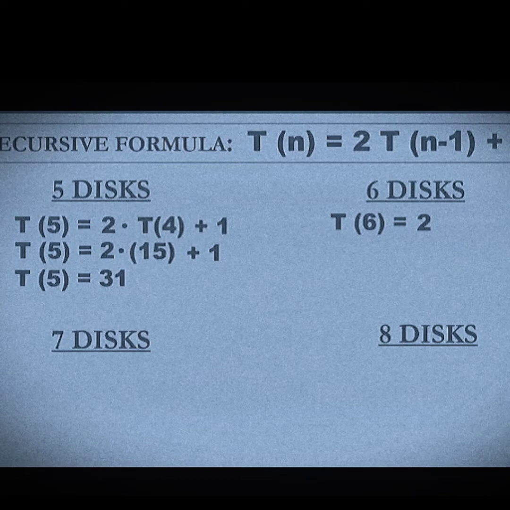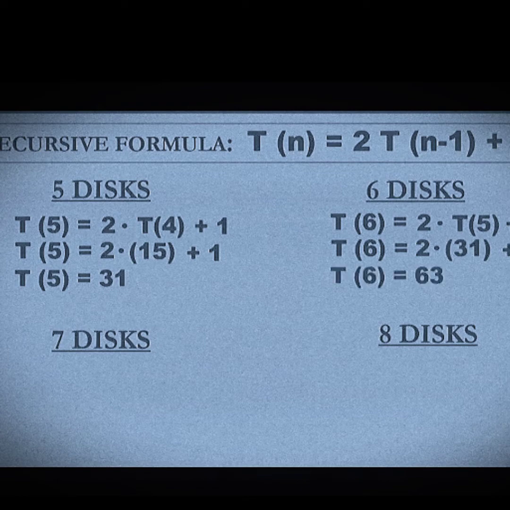With 6 discs, we have t of 6 is equal to 2 times t of 5 plus 1. Then 2 multiplied by 31 plus 1 is equal to 63 moves.